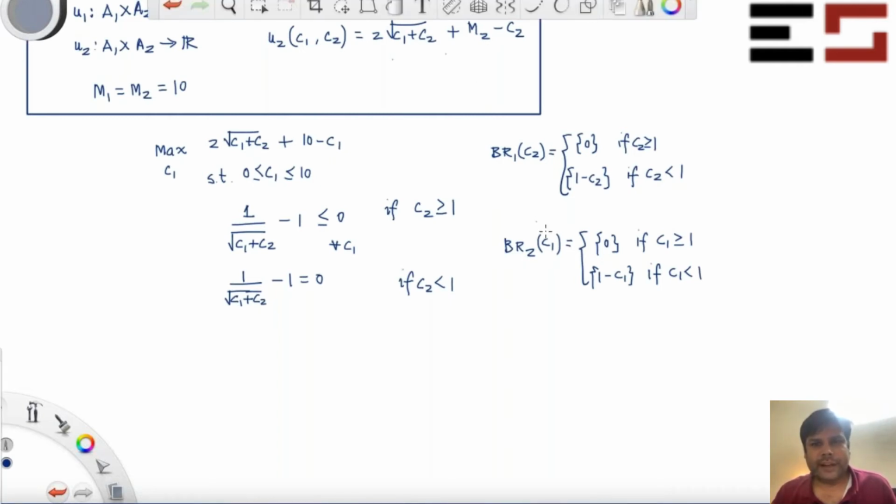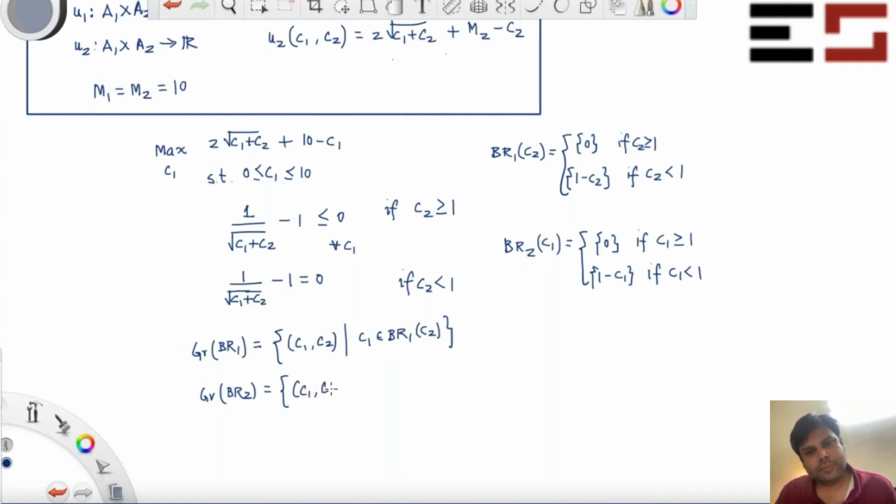The graph of BR1 is the set of (C1, C2) such that C1 belongs to BR1(C2). Similarly, the graph of BR2 is the set of (C1, C2) such that C2 belongs to BR2(C1).